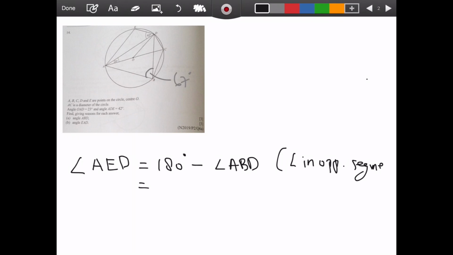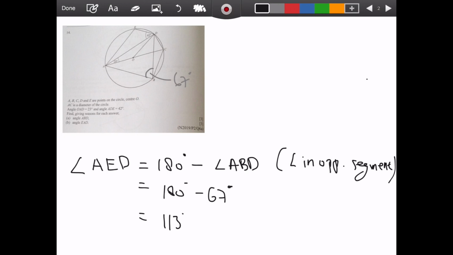Okay, so 180 degrees minus 67 degrees, and what do we get? We get 113 degrees. Okay, now we know what the angle AED is.